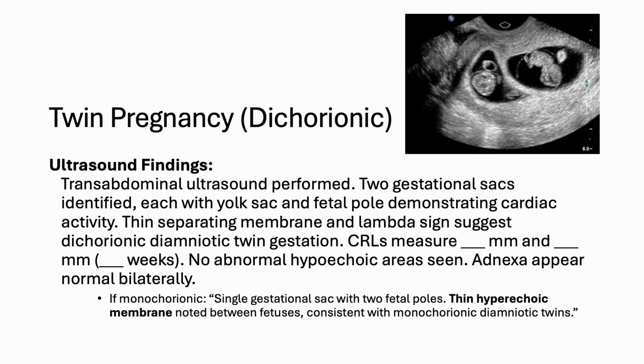No abnormal hypoechoic area seen. Adnexa appears normal bilaterally. If it's a monochorionic pregnancy, then you would say a single gestational sac with 2 fetal poles. Thin hyperechoic membrane noted between the fetuses, suggesting a monochorionic diamniotic twin. So I don't have an image of this one, but that would be a much thinner membrane.